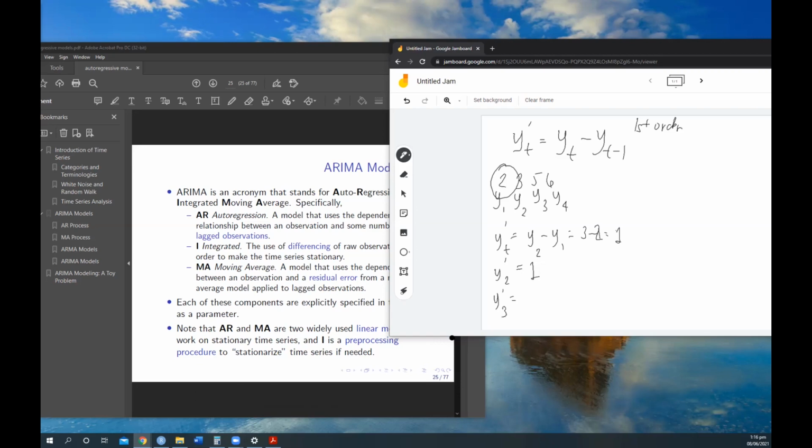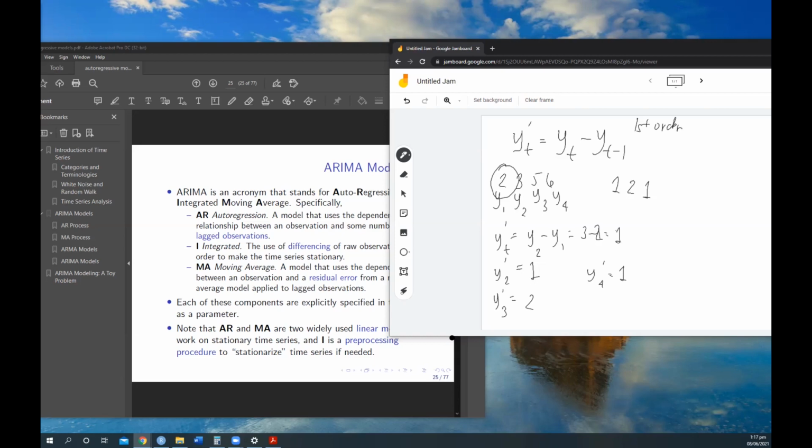That is 2. Ano yung y4 prime? It's 1. So we have here the difference time series, which is 1, 2, and 1.